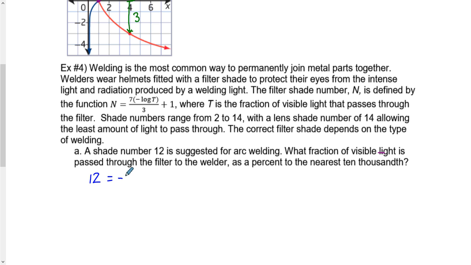I'm just going to rewrite it as negative 7 because this is just 7 times a negative 1. You'll see why in a second. It's just going to help with a lot of the manipulation. And then we're just going to solve for what t is, because t is a fraction of light.